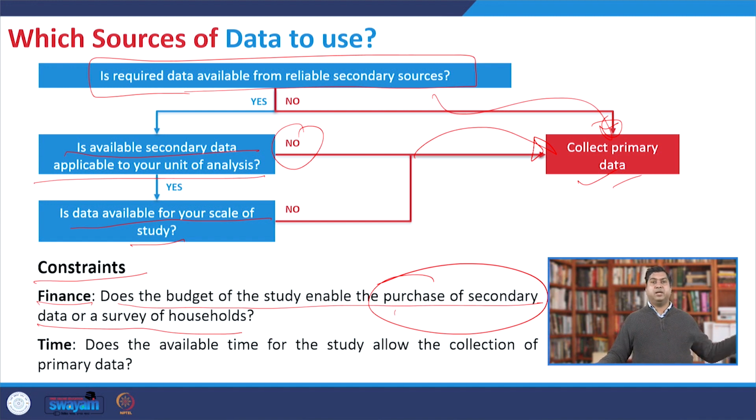Even some organizations nowadays do surveys and that data is sellable. So in such cases there are a few points. One is the cost of that particular data. Second is the belief in that data, whether they have collected it in the right manner or not. So in all such cases, budget can play a crucial role.